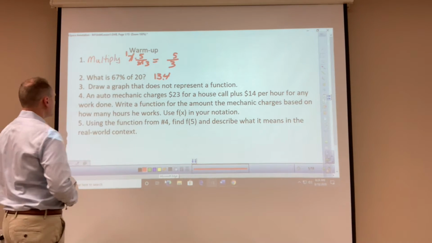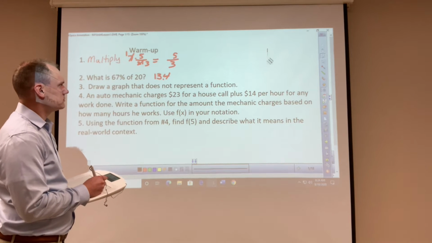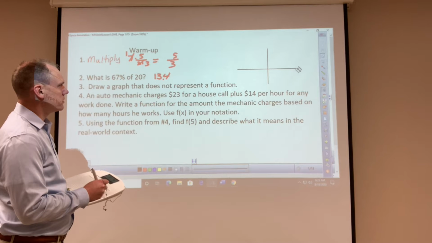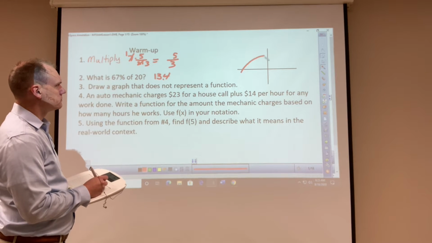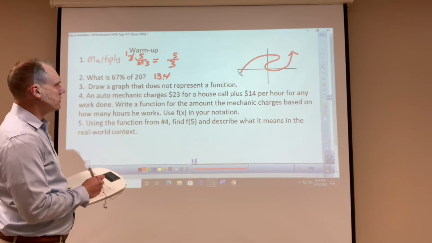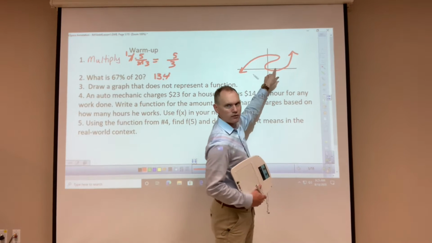All right, number 3, draw a graph that does not represent a function. So there's so many different options here. Let me just draw one that could be an example. So anything in which it kind of comes back on itself.